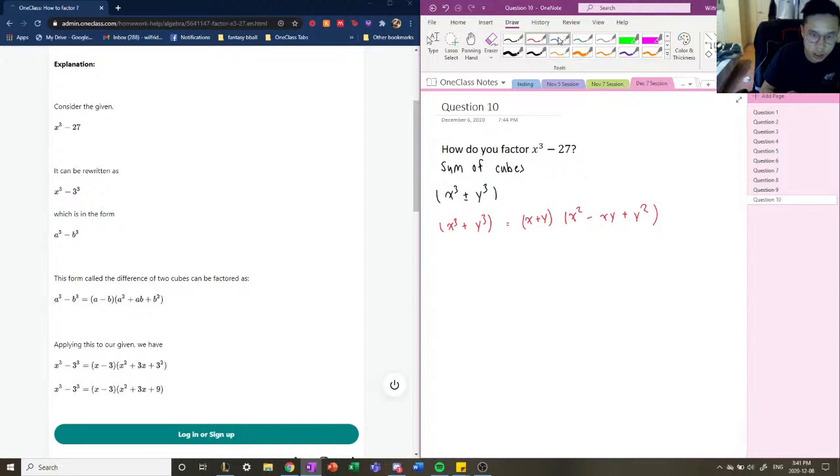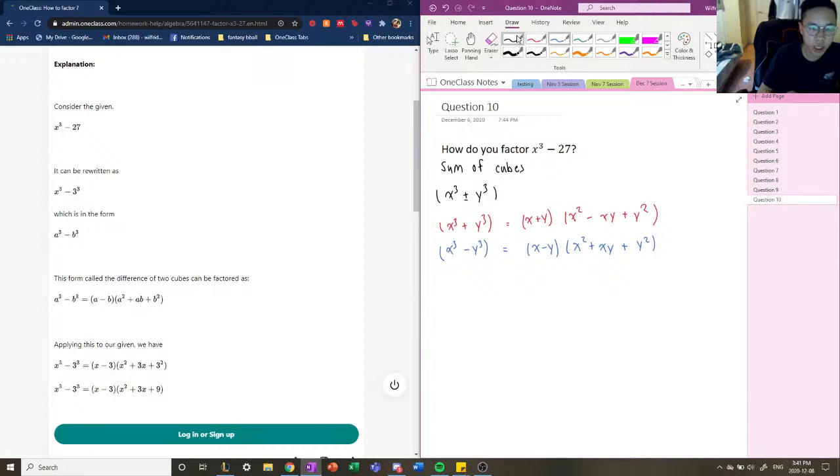The second rule is when you have x cubed minus y cubed. Then you can factor it like this: x minus y times x squared plus x times y plus y squared. Okay. So the x and y can be numbers, it can be variables, but that's how you factor it.